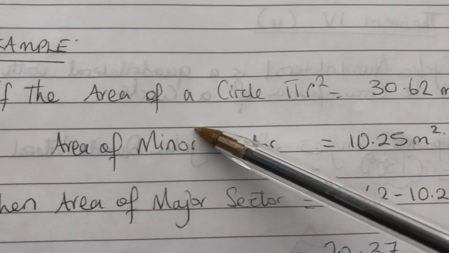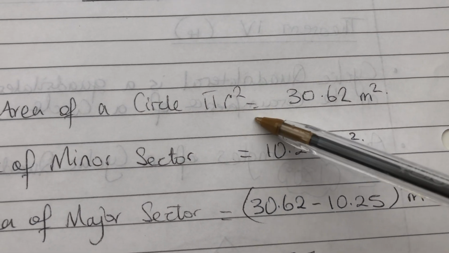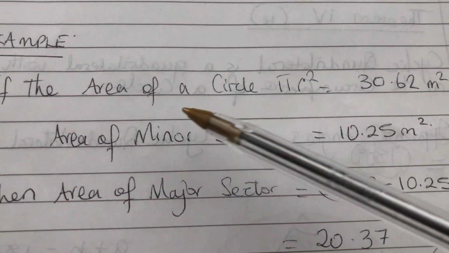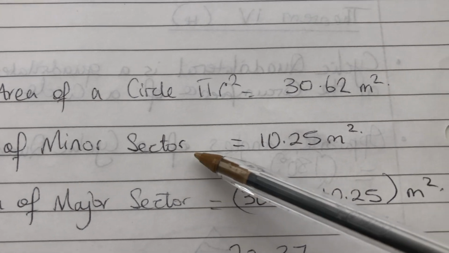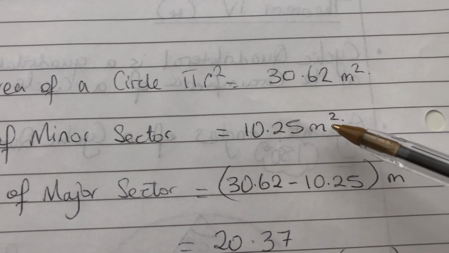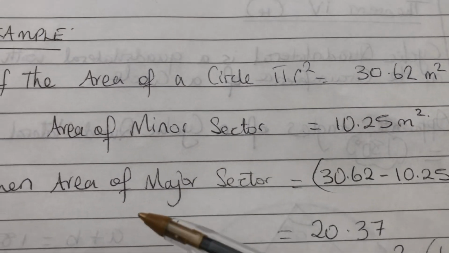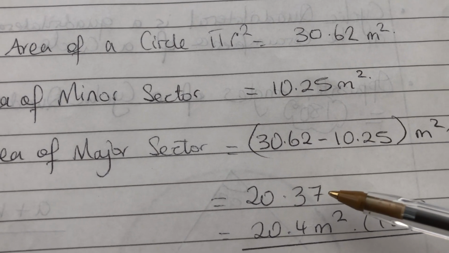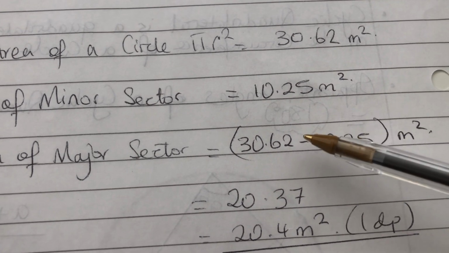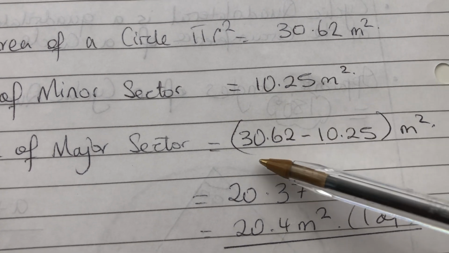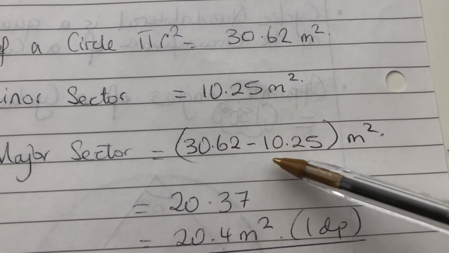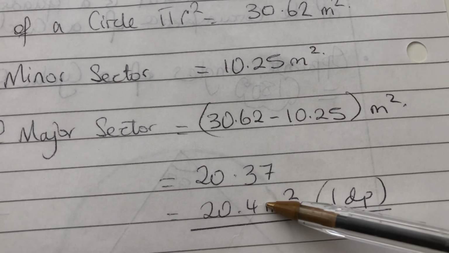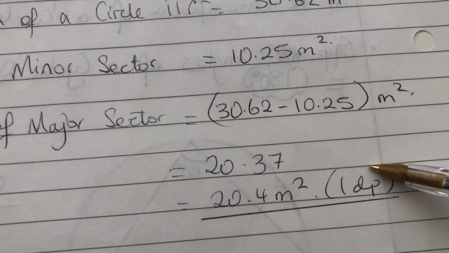Example: if the area of a circle, pi r squared, is 30.62 meters squared, and the area of a minor sector is 10.25 meters squared, what is the area of the major sector? Here again you subtract: 30.62 minus 10.25, and you are going to get 20.4 to one decimal place.